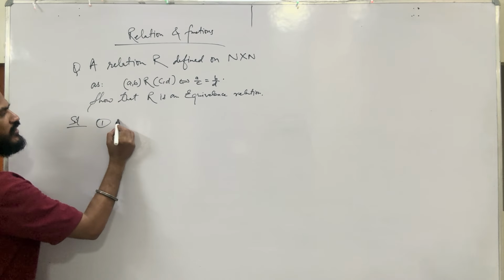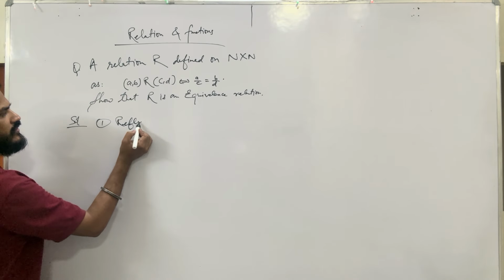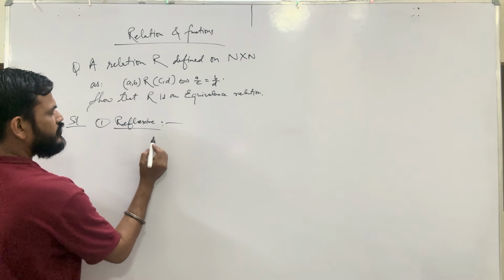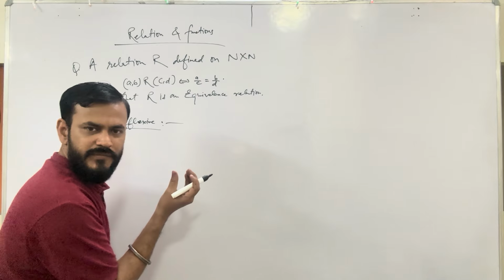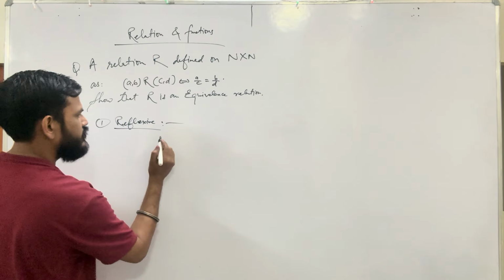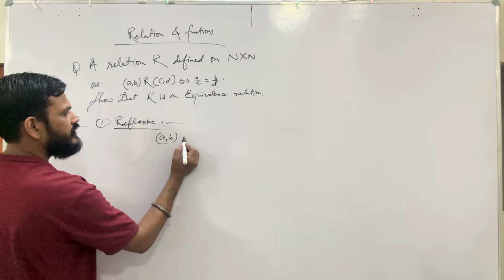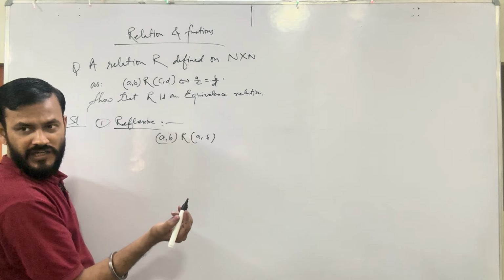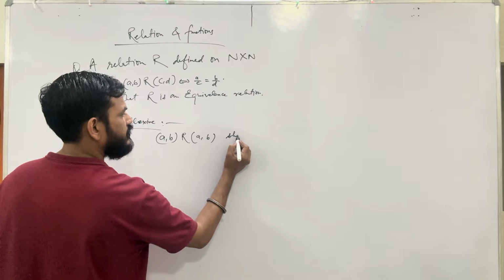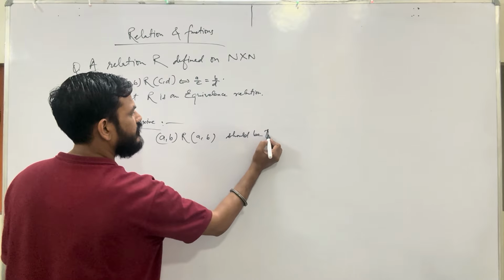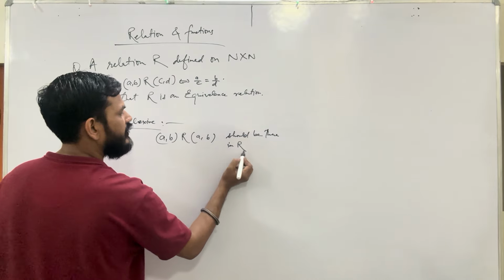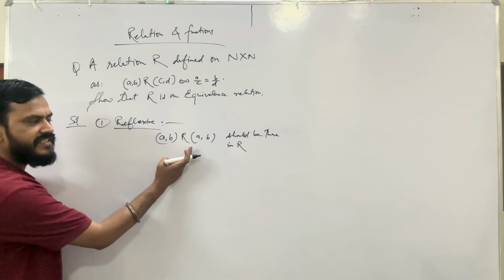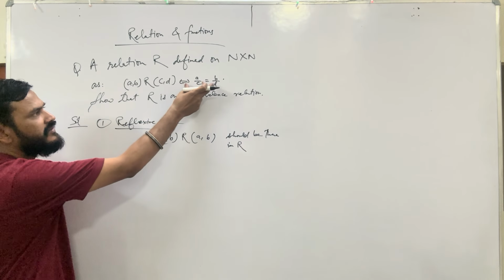So the first thing we are going to prove is reflexivity. So, reflexive. In reflexive, the same element is related to the same element, right? So in reflexivity, (a, b) R (a, b) must belong to R, should be there in R. And we will verify whether this is there in R or not by using this relation.